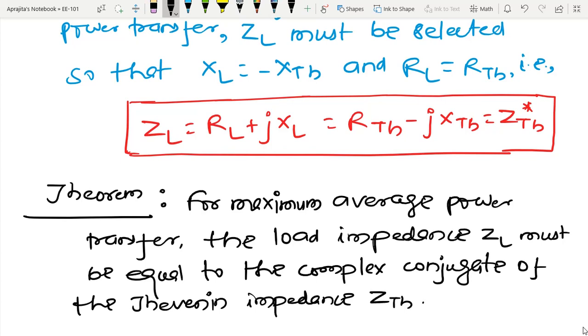Suppose you have a certain load in the form of an electric motor, an antenna or a TV, and after calculation you find that the impedance of the electric motor does not match the rest of the circuit. Then you have to add a certain kind of false load or impedance, which is called impedance matching. That is a straightforward application of this theorem.